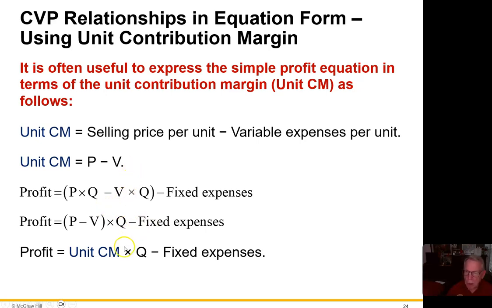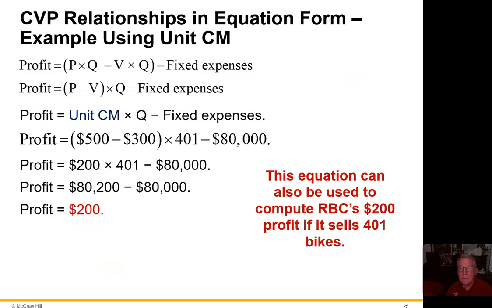And we can multiply that through. So if we simplify this equation even further, we're just going to take our per unit selling price minus our per unit variable cost. That's going to give you your contribution margin per unit. And then multiply that times your quantity less your fixed expenses. So they've kind of shown you through several slides how to really do this properly.